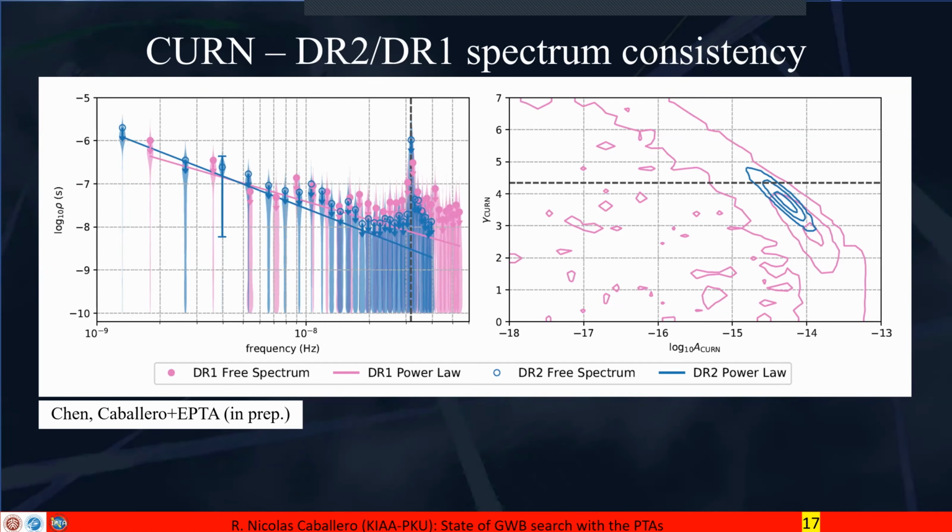And on the left, you see the free spectrum, where we clearly see that the blue one looks like a natural continuation of the pink one after gathering more data, extending the data time span, and reducing the white noise level of our data set.